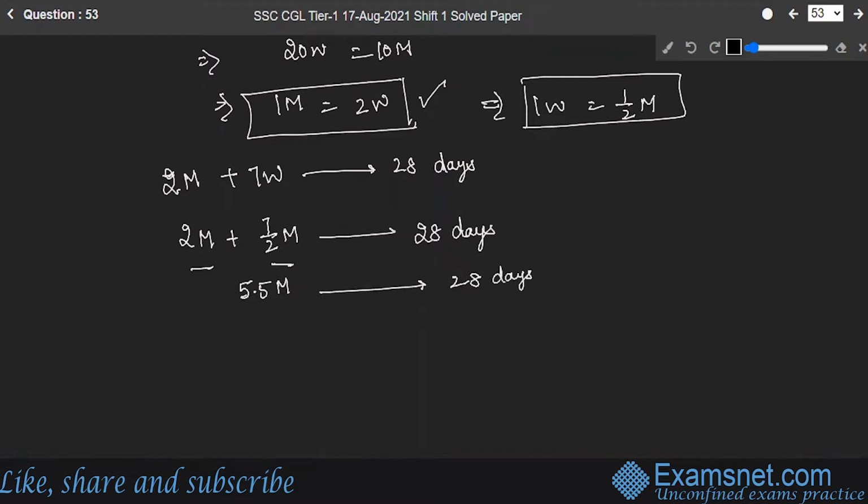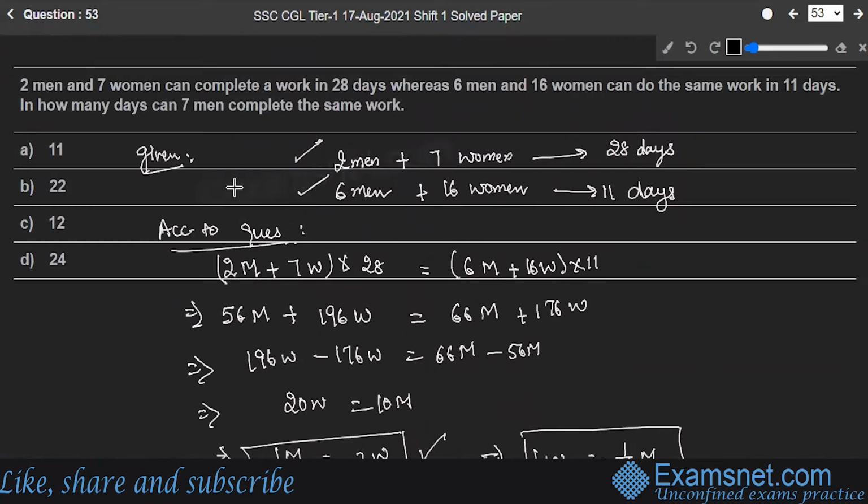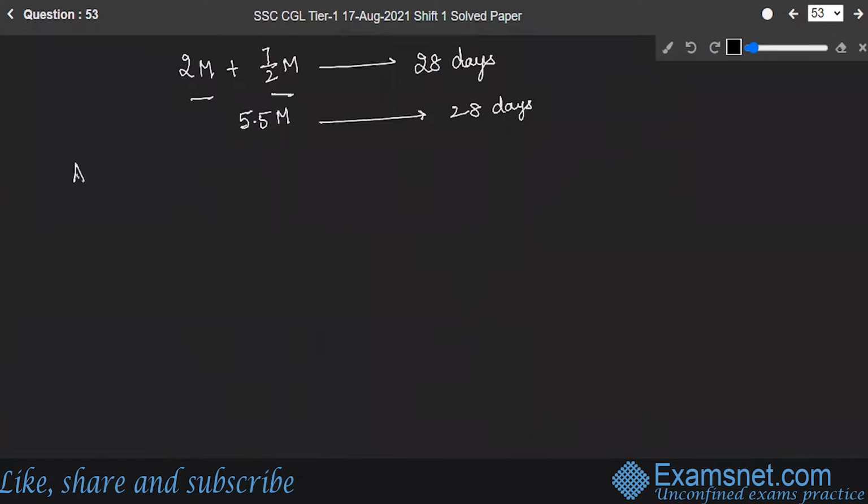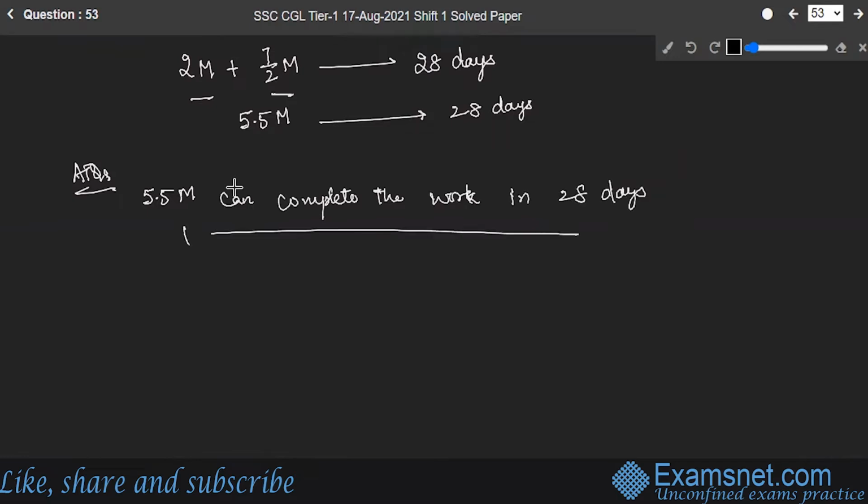What do you have to find out in the question? You have to find out the work completed by 7 men. In how many days can 7 men complete the work? So according to the question, 5.5 men can complete the work in 28 days. So one man, of course, will take more time.